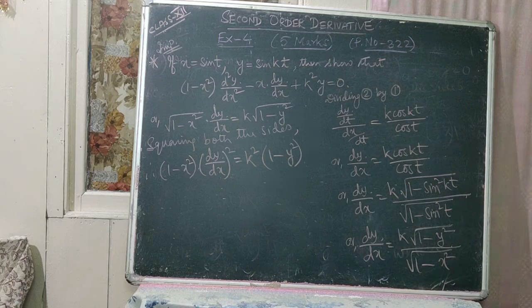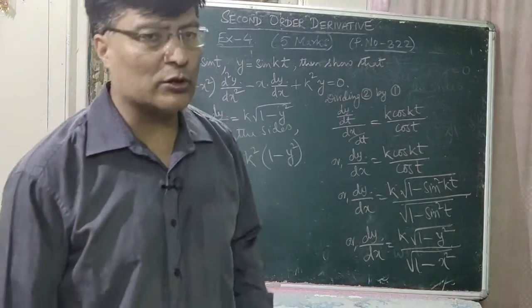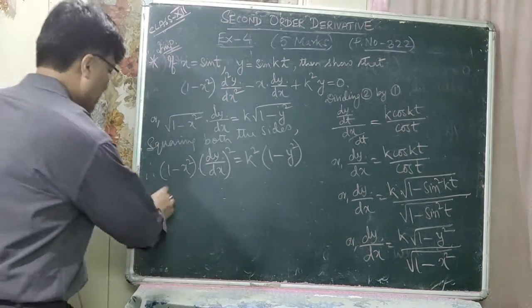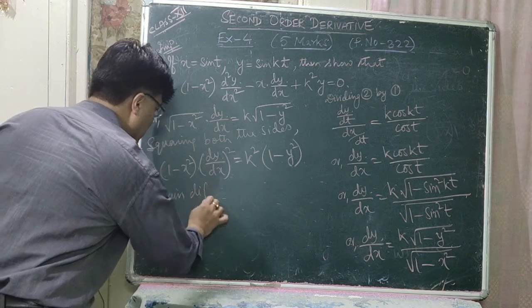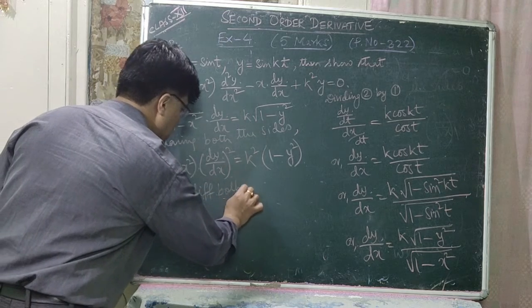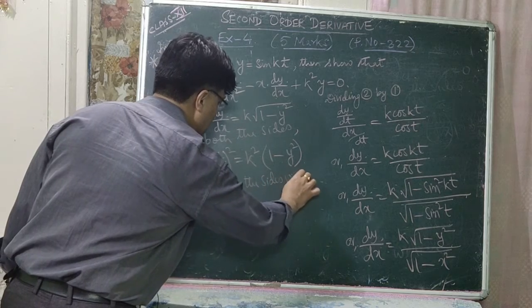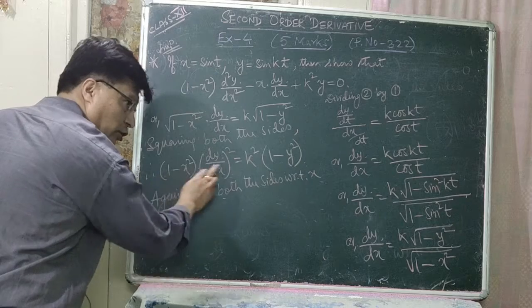Okay. So now what will you do in the next step? In the next step, you have to differentiate both the sides with respect to x in order to prove the required relation. Okay. Now again differentiating both the sides with respect to x. This is UV rule.